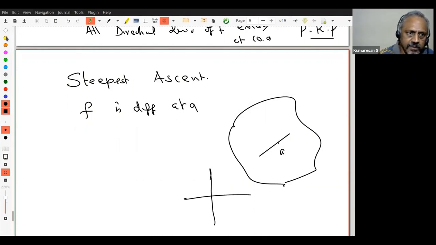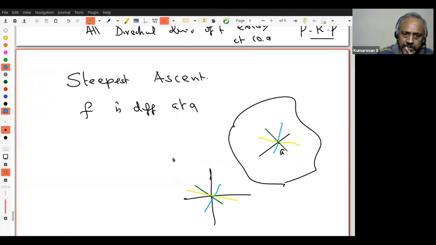I can go through this direction, or this direction, or this direction, and so on. So this will be my v. This will be another one. And there will be another one, and so on. These are the vectors. These are the directions, right?